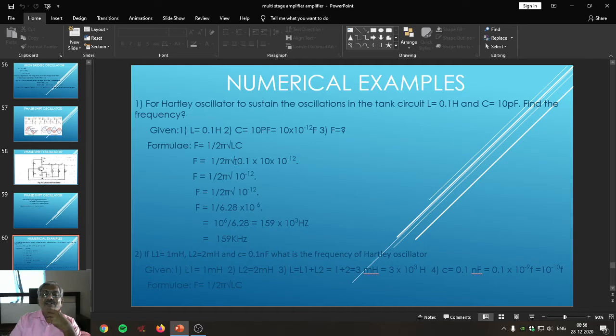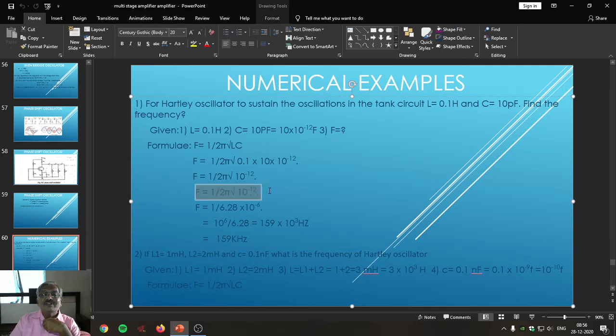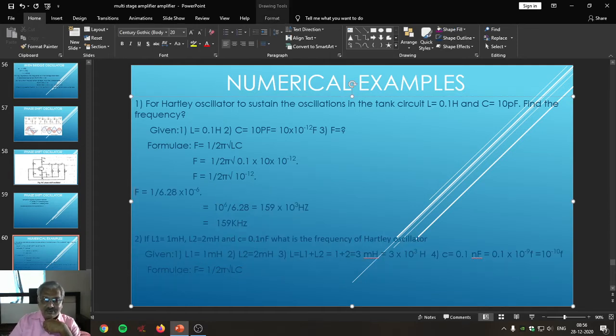Simplifying, 10 into 0.1 becomes 1, and 1 into 10 raised to minus 12 becomes 10 raised to minus 12. So F is equal to 1 upon twice pi square root of 10 raised to minus 12. Student friends, we'll eliminate this step, which is an extra step and not necessary.